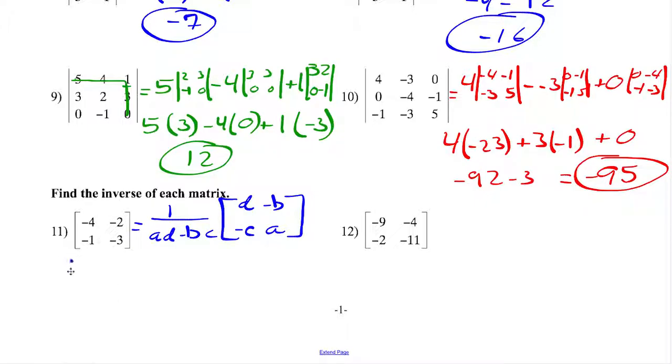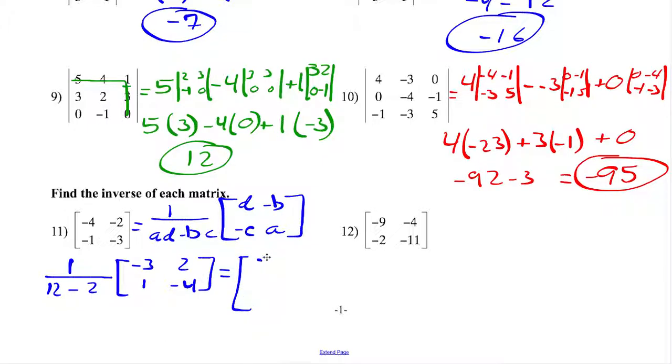So this right here is going to be 1 over AD is 12. So 1 over 12 minus 2 times negative 3, negative 4 switch, and the 2 and the 1 stay, but they become opposites. So this is actually 1 over 10.